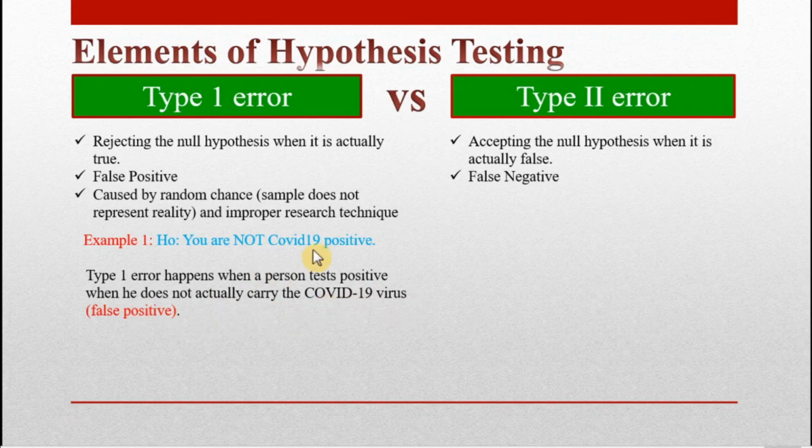We are saying that that person is positive, but in reality, that patient does not have the virus. So maybe the symptoms are just really similar to the symptoms of COVID-19. That's why we call it false positive. It's positive based on the result of the test, but in reality, it's false. This error that happened is called a type 1 error.